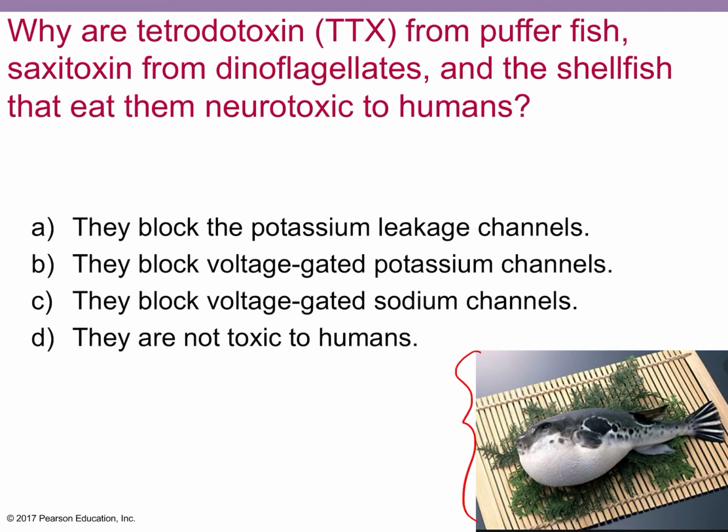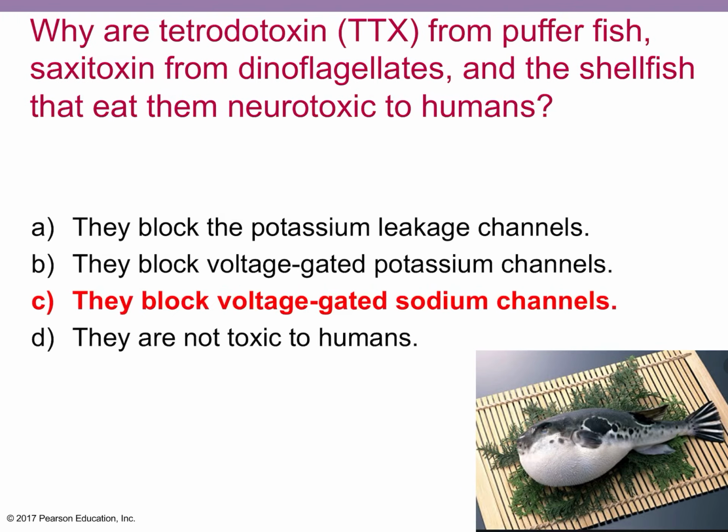And it happens quite quickly because the toxin works on your neurons. And if you're unable to send an action potential, then you're going to die, right? Your nervous system just shuts down. So what is happening here? Just out of fun curiosity, you can make your guess, but it's actually letter C.